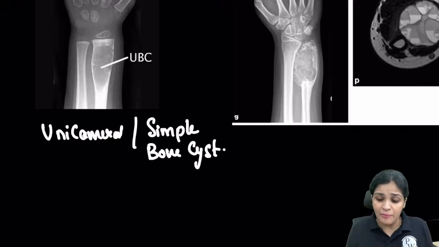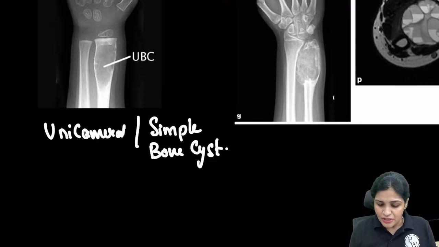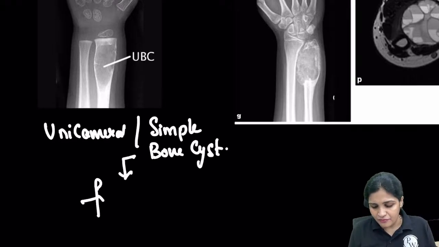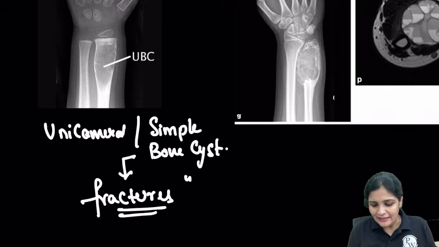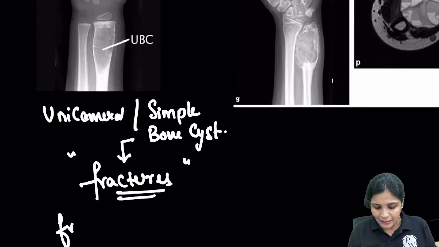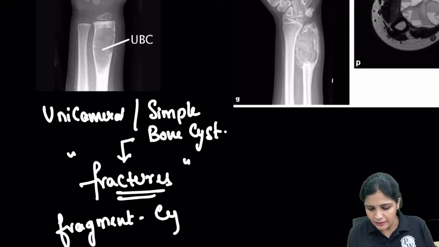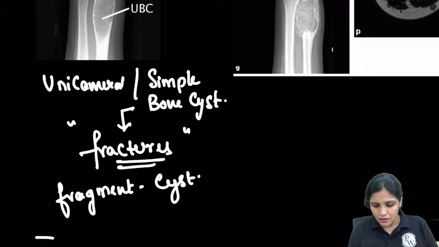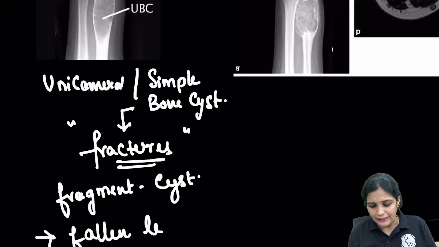But why are you worried about the simple bone cyst? Usually this might result in fractures, right? Because the bone is weakened there. And when you see there is a fracture fragment which is seen in the cyst, what is that called? Fallen leaf sign, right?